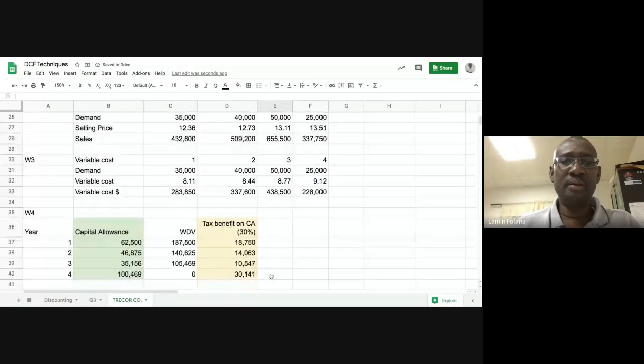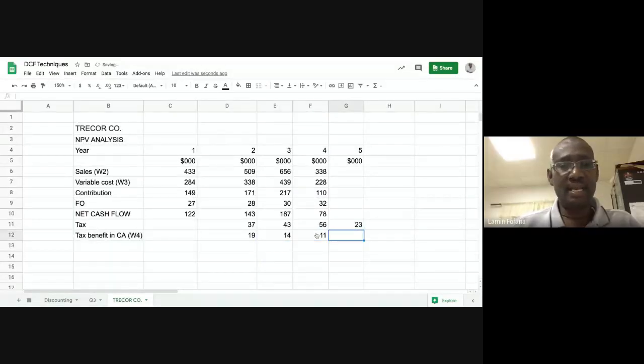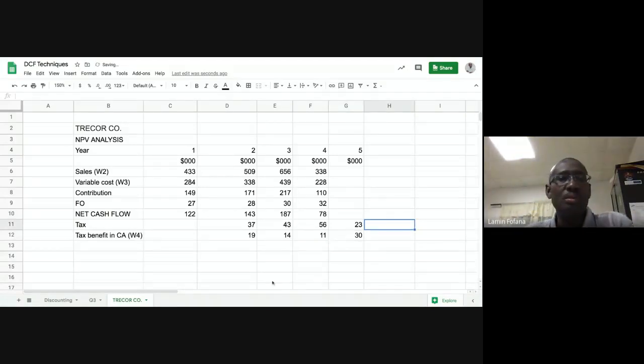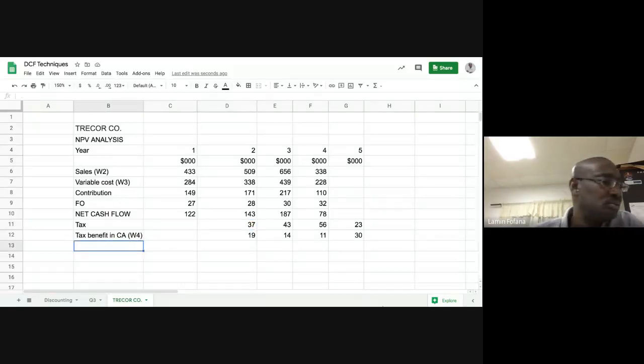Are you with me? When we round this to the nearest 1,000, this will be 19, 14, 11 and 30. Is it clear?